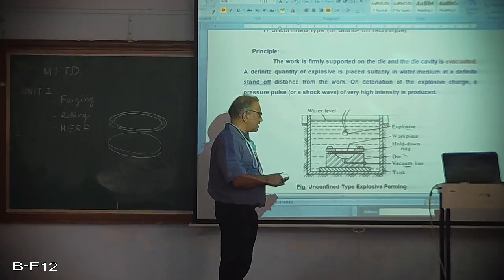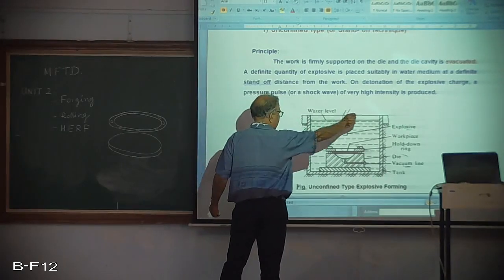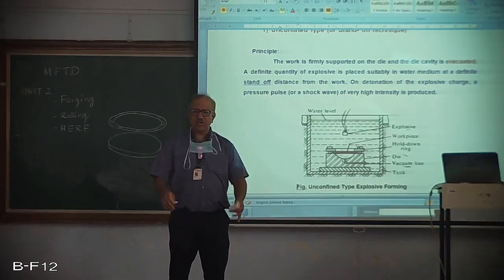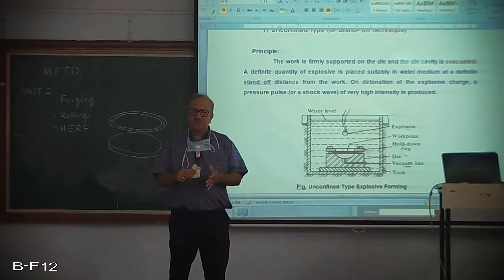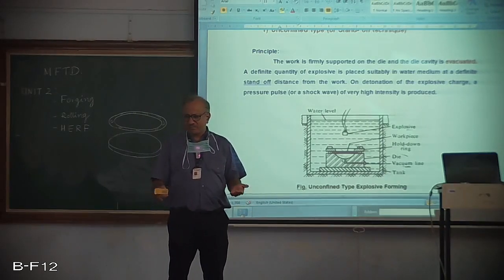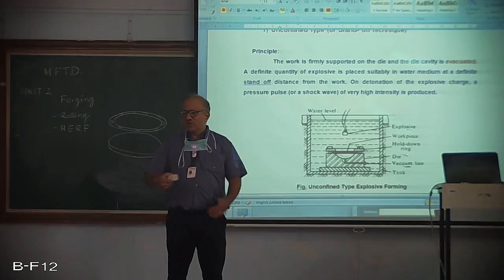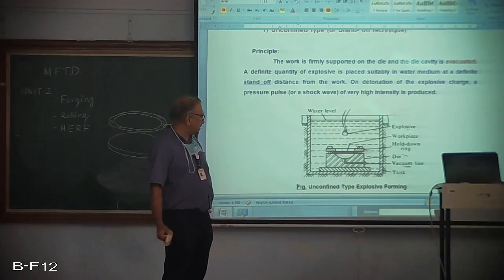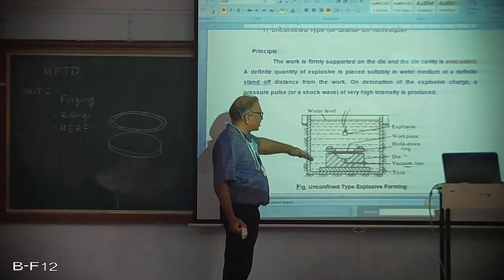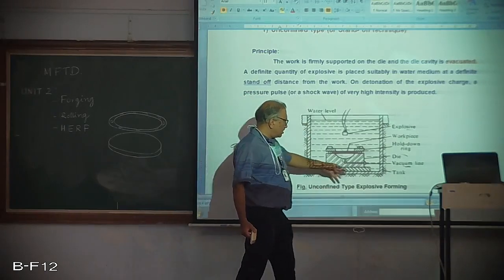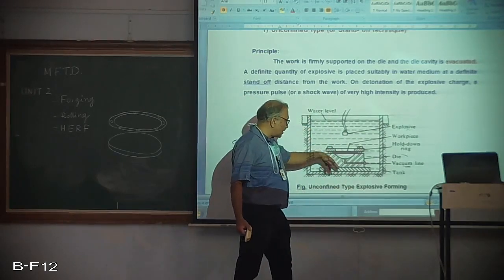And one thing I didn't mention earlier, the whole arrangement is underground. The whole arrangement is below the ground, so that shock or explosion will not cause any damage to the exterior structures or exterior things. So the whole thing is underground, with thick walls of the tank and a vacuum line for the die.